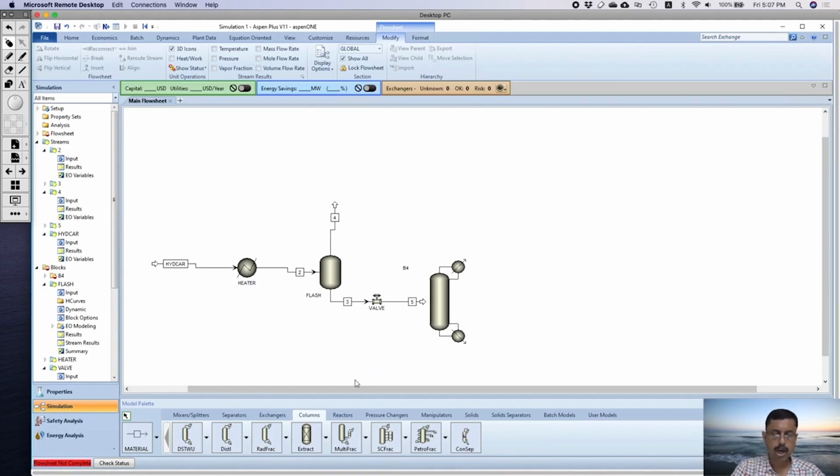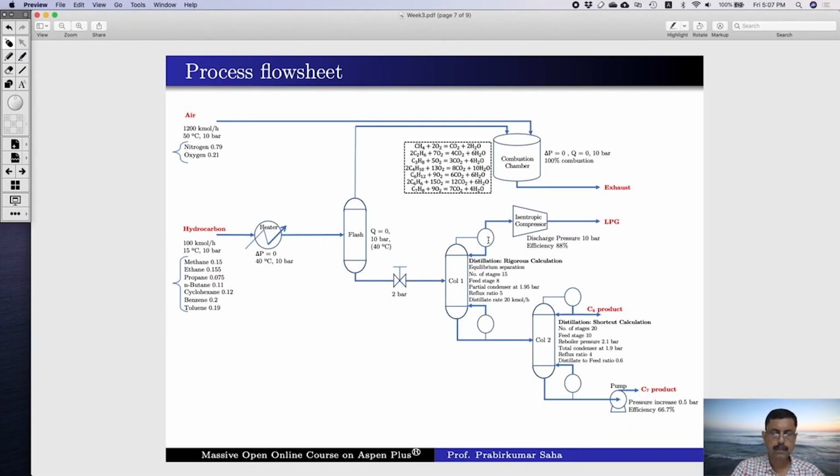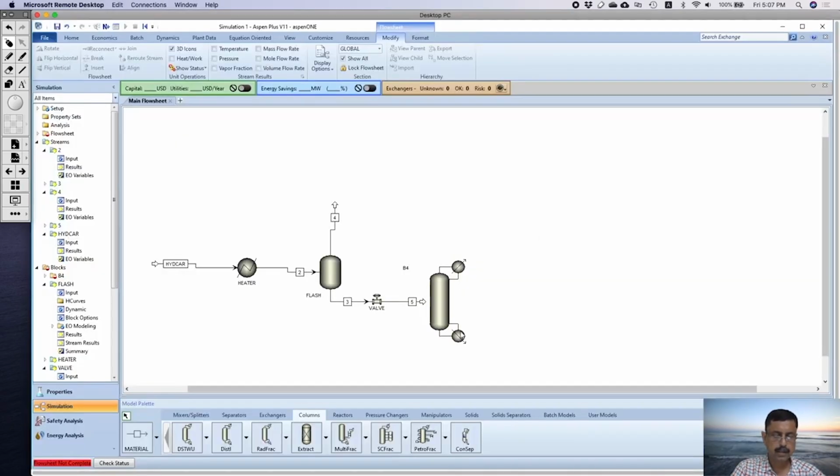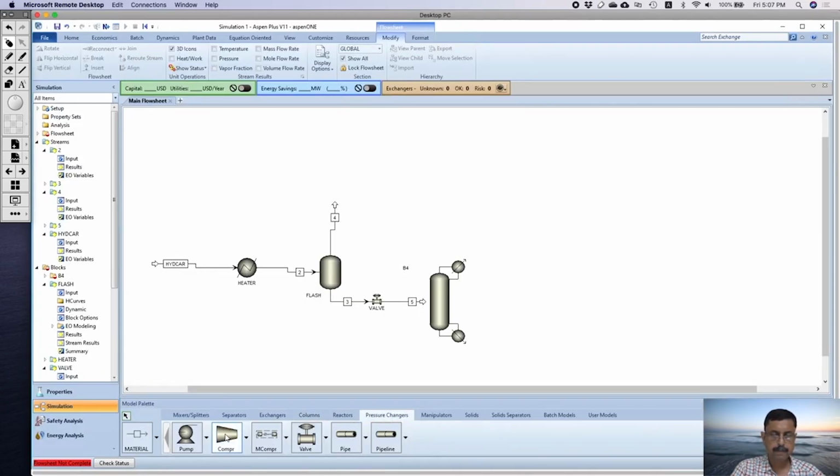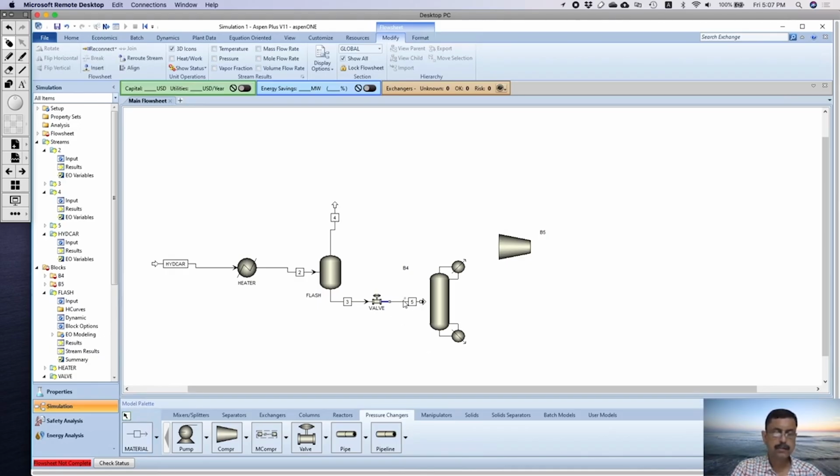And the top of the distillate will go to an isentropic compressor. So we choose, again go to the pressure changer, bring this compressor over here and connect with the material streams. So reconnect, destination here. Then here there are 2 outlets, right?